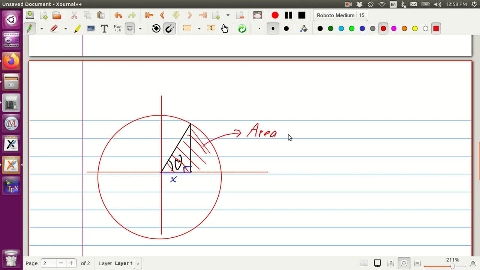Area of this sector in red, A, is going to be 1/2. And what is this distance over here? That's a unit circle, so this is length 1. So it's 1/2, 1 squared times theta. And if we simplify it, we're going to get theta over 2.